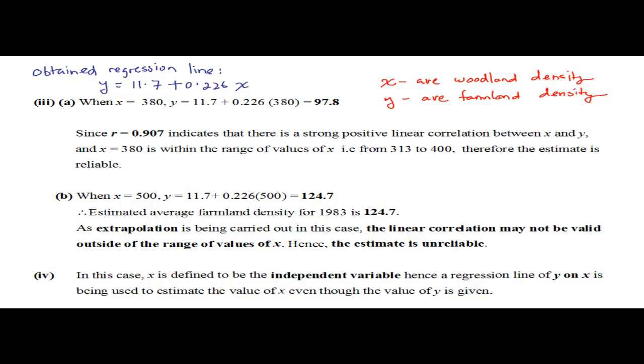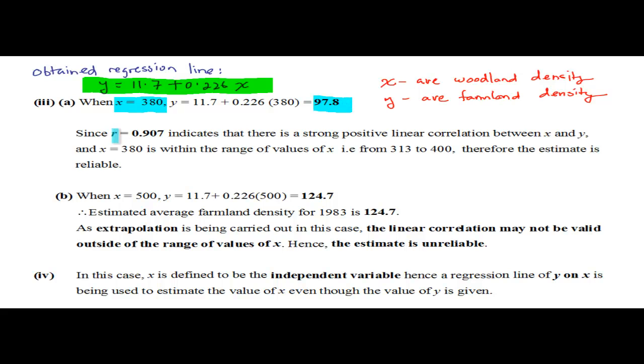In part 3 we already know that the regression line of y on x is given by this, which we found earlier. With a given value of 380 for the woodland density, we can use the regression line to find the farmland density of the blackbirds. Now you are asked to comment on the reliability of this estimate.